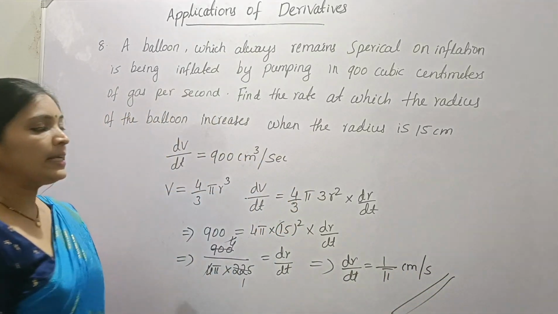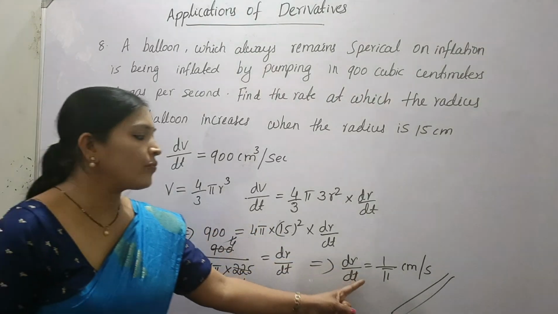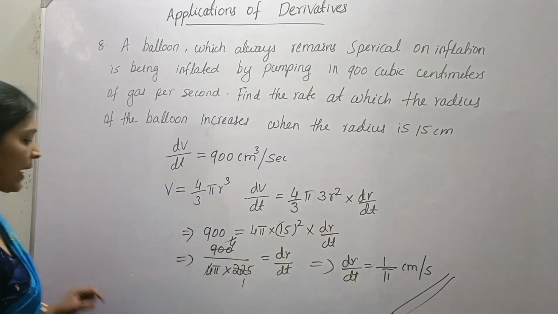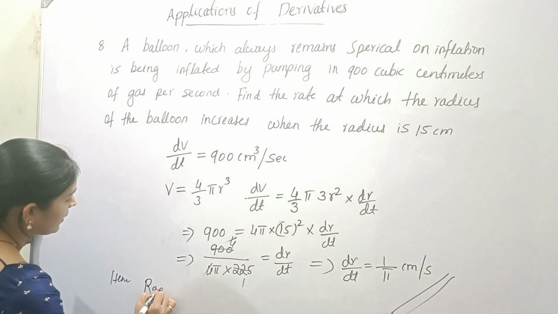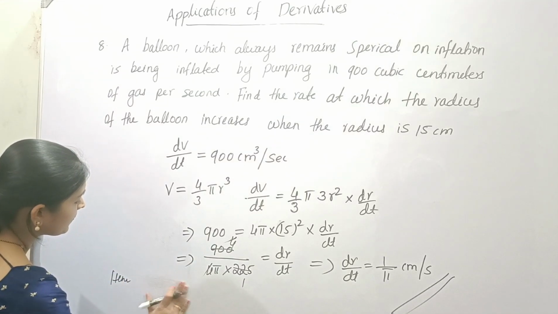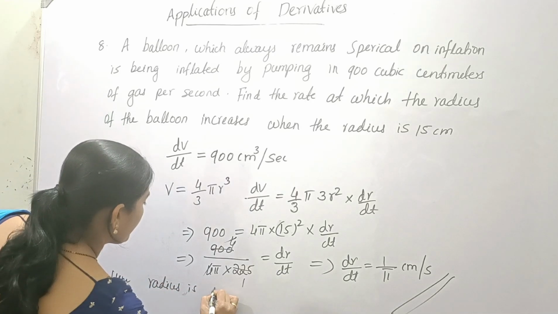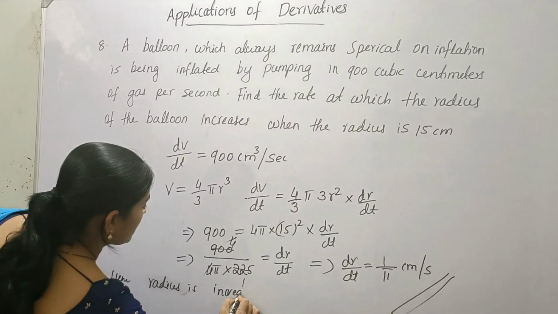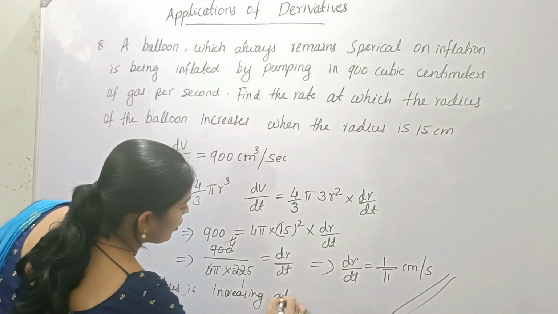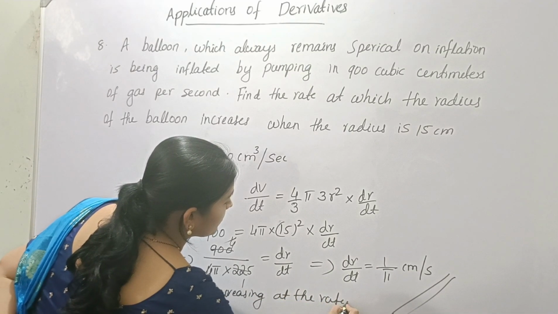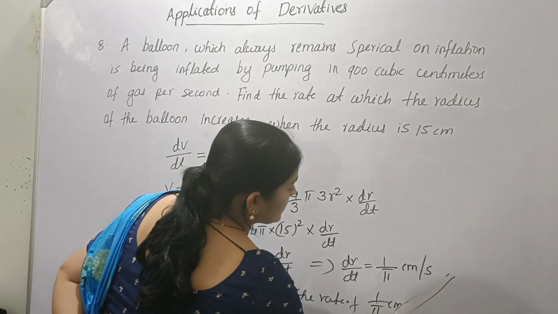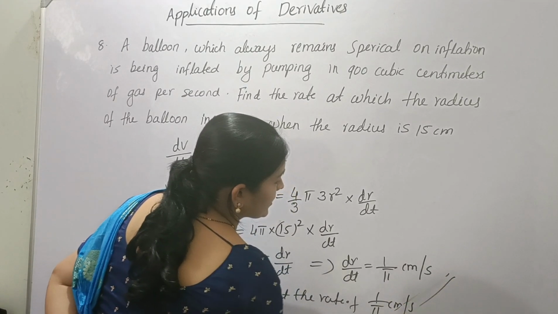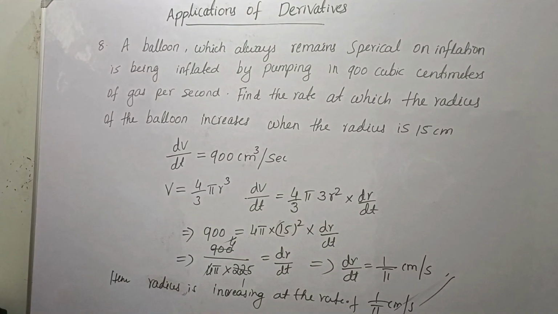Hence, the radius is increasing at the rate of 1 by pi centimeter per second. It is the answer.